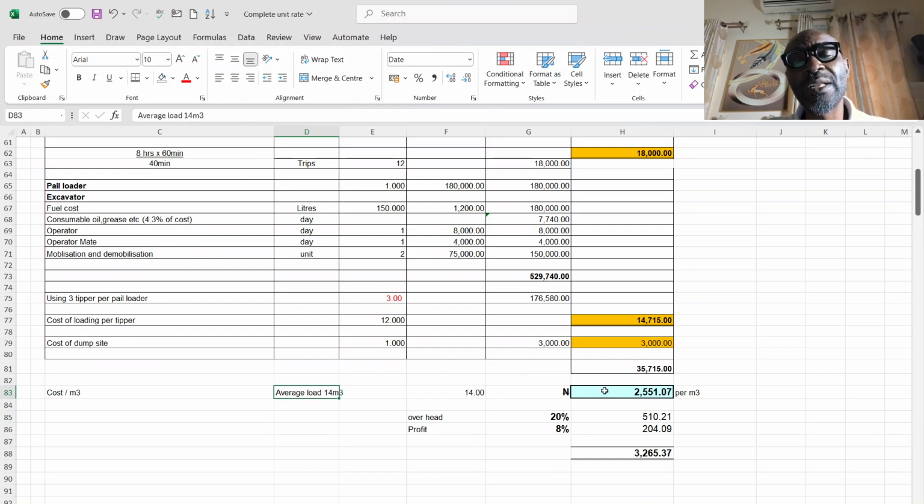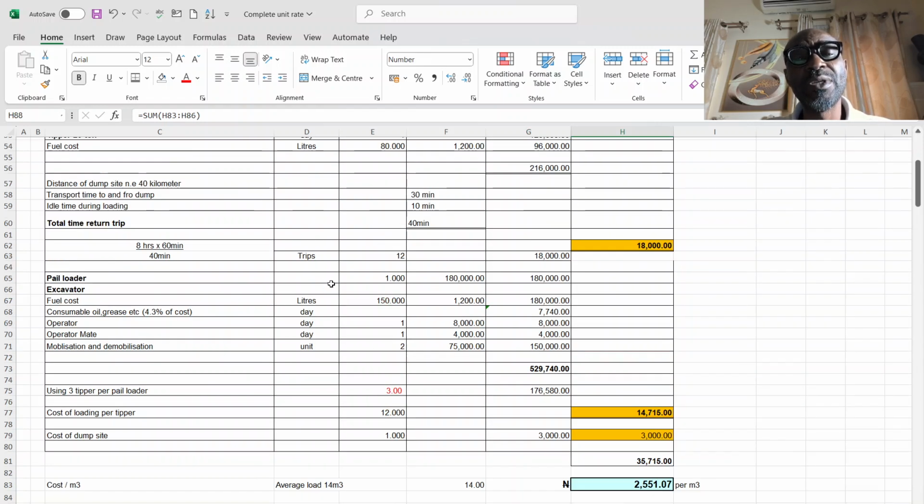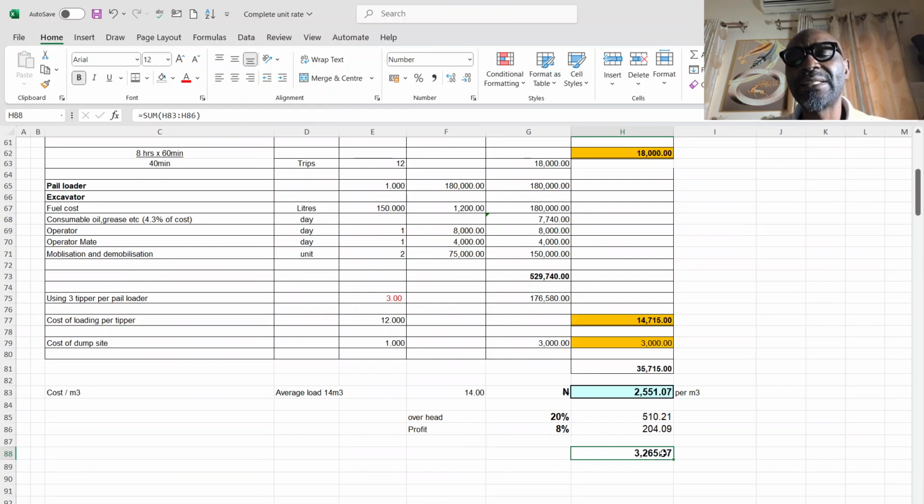So 14 cubic now, divide 35,000 by 14 cubic, gives you 2,551 per cubic. Then you add your overhead, you add your profit, it gives you 3,265, assuming all the rates here are current rates. You'll be getting this as your selling rate.